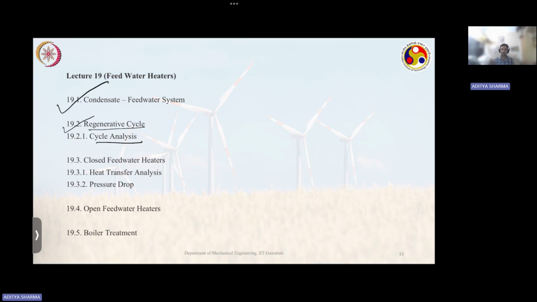In midway, we take some part of the expanding steam and use it to heat our feed water. This can be done in two ways: first is the open feed water heater, second is the closed feed water heater. This we have also seen there.